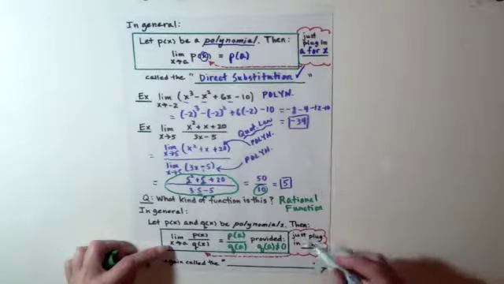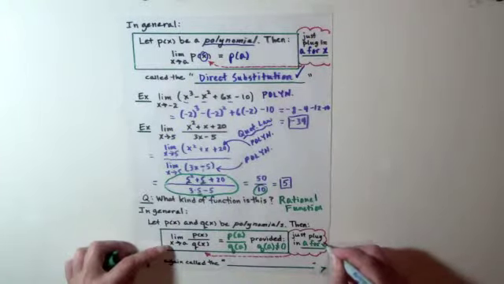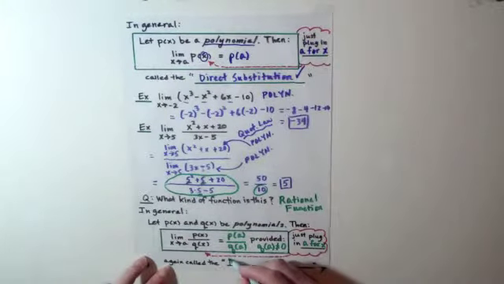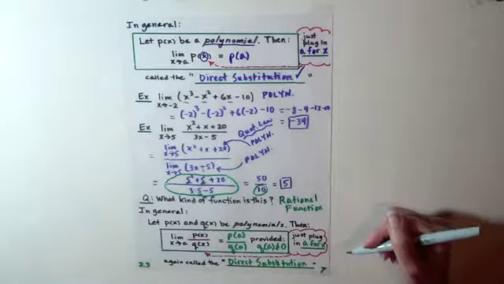Another way of saying the same thing is that we just plug in a in place of x. Again, we could call this the direct substitution rule.